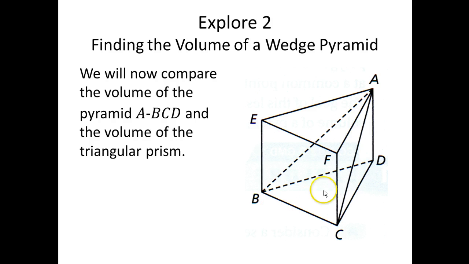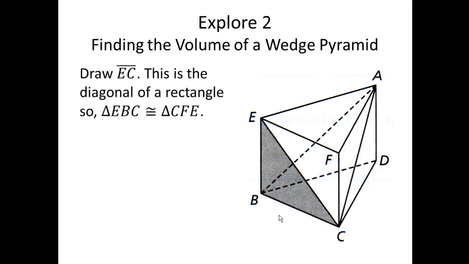Now it should be clear that the volume of the wedge pyramid ABCD is less than the volume of this triangular prism that we created. But how much less is it? Well, to figure this out, the first thing we're going to do is draw in the line segment from the point E to C. Since this is the diagonal of a rectangle, the reason I know this is a rectangle is because I constructed EB and FC to be congruent.